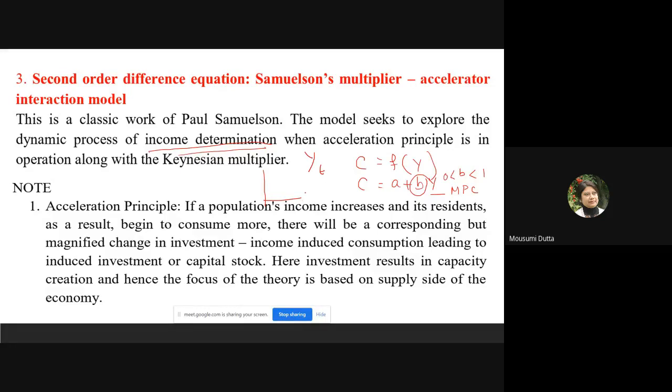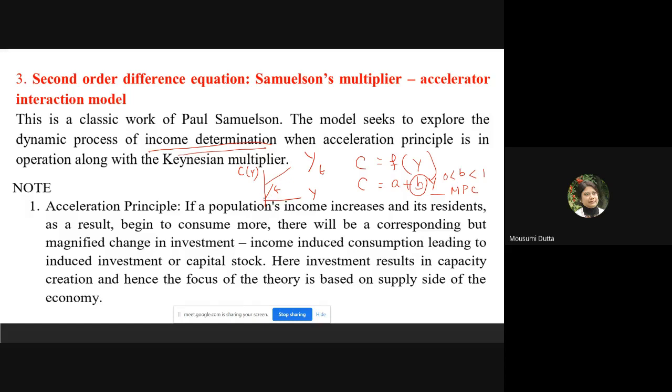Along the horizontal axis, I'm measuring Y, and along the vertical axis, I'm measuring C. This curve is very, very steep compared to this one.